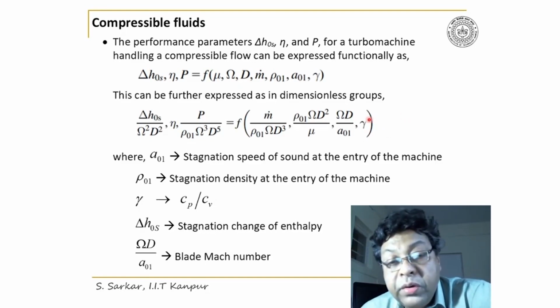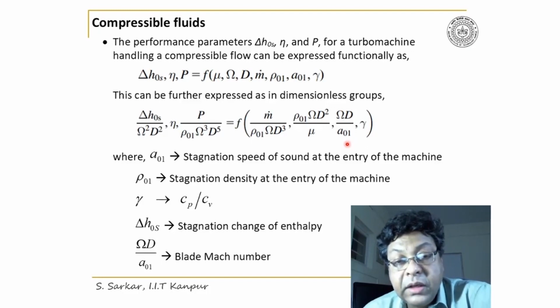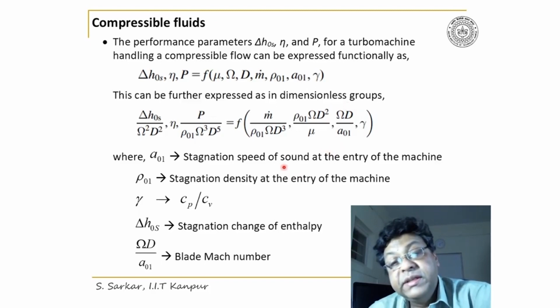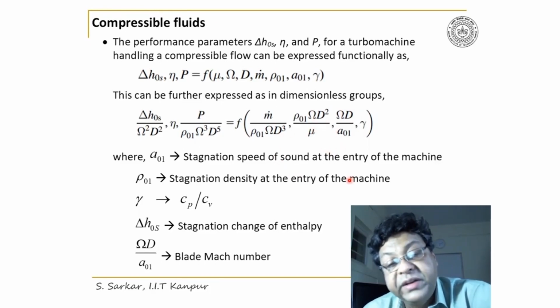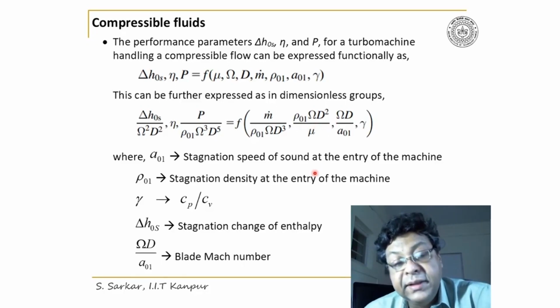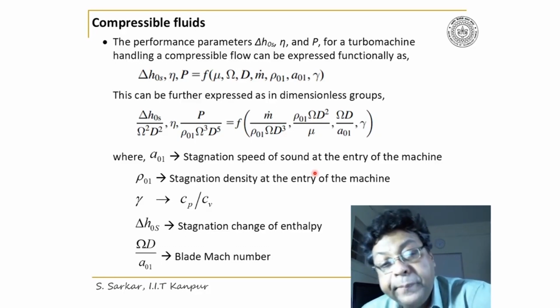Now look, omega multiplied by d represents the blade speed. So omega d by A01 will represent the blade Mach number. Similarly, omega d is proportional to blade speed u, so rho 01 u d by mu is the form of Reynolds number.